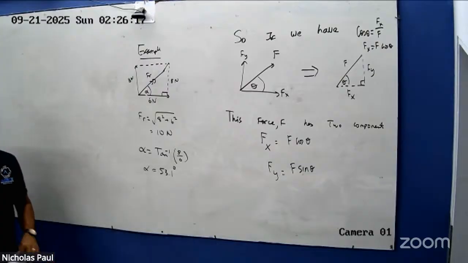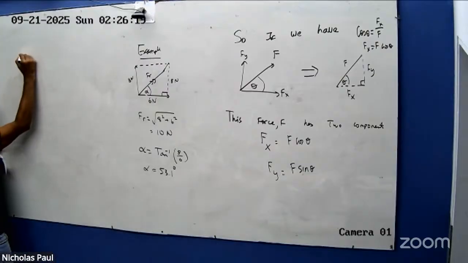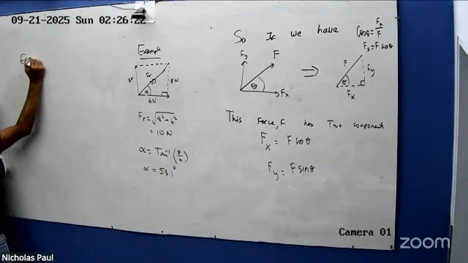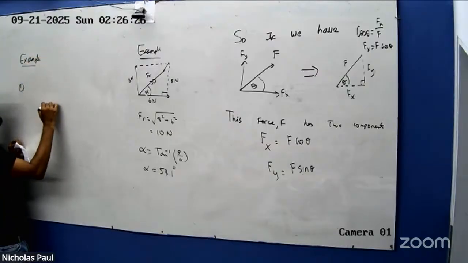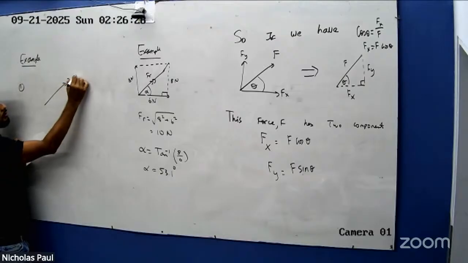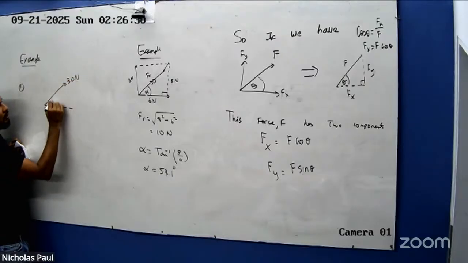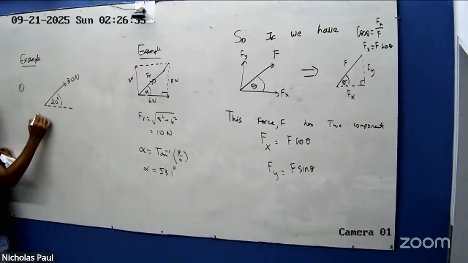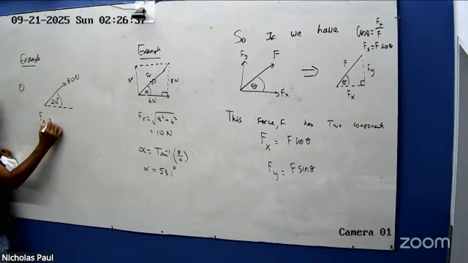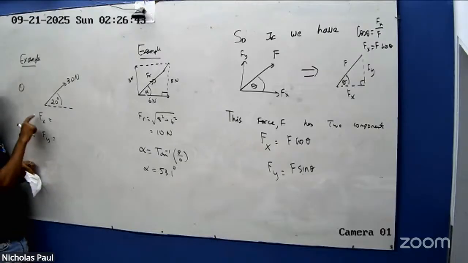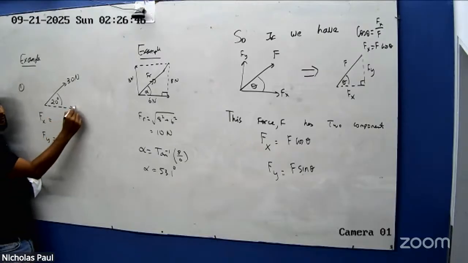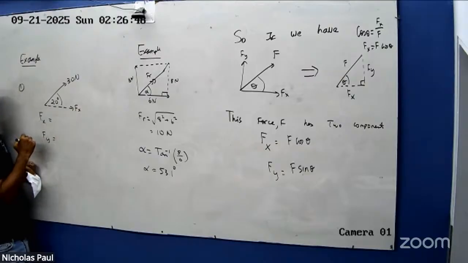Okay, so far? So we want to try a couple examples. Let's find the two components here. What direction will the horizontal component be? To the right? What direction will the vertical component be?